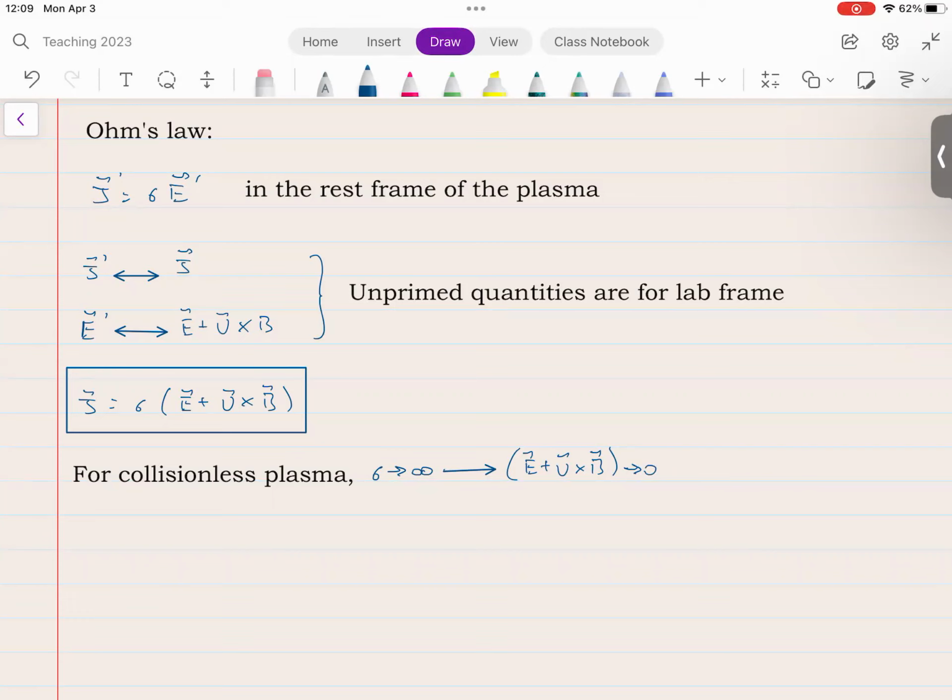And that is the Ohm's law that you'll often find in ideal MHD, where the ideal comes from the fact that the conductivity goes to infinity, that means this inverse, which is the resistivity, goes to 0.